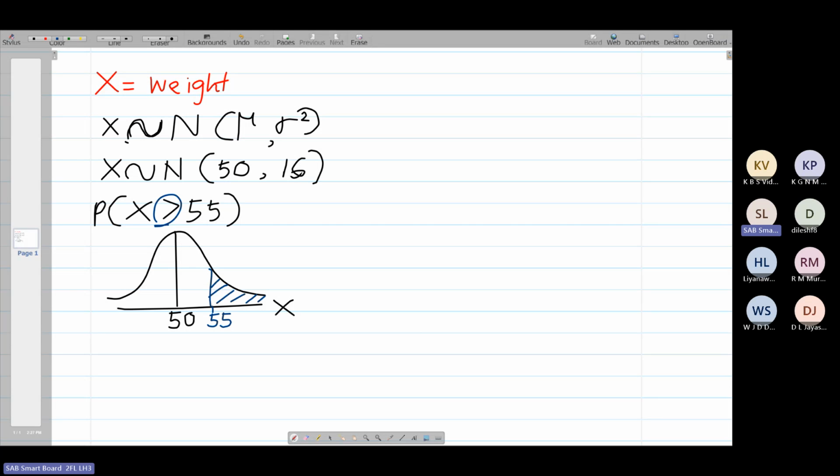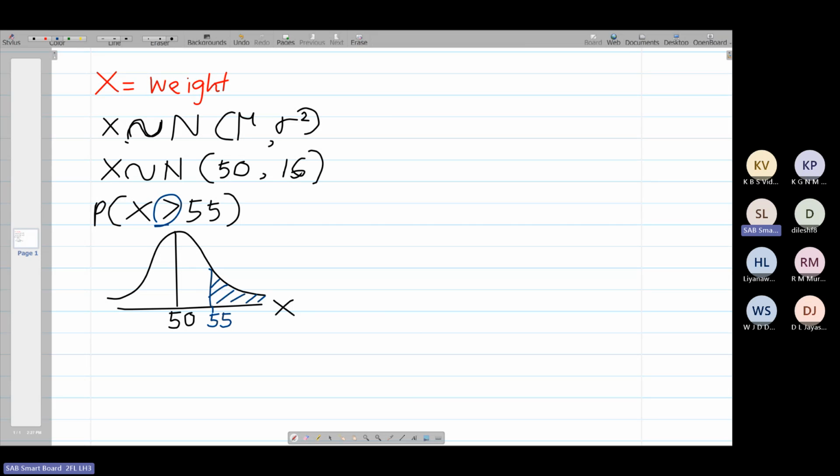Understood? Probability represents the area under this curve. Then we color the area to show it. Then this area represents the weight being greater than 55. It's here. This is in the normal distribution curve.